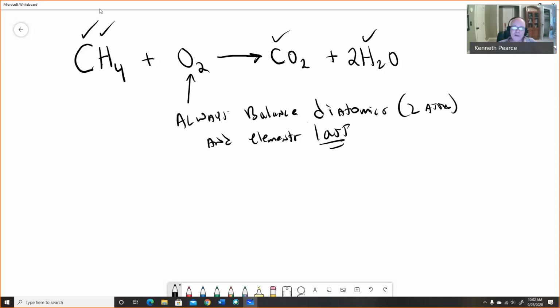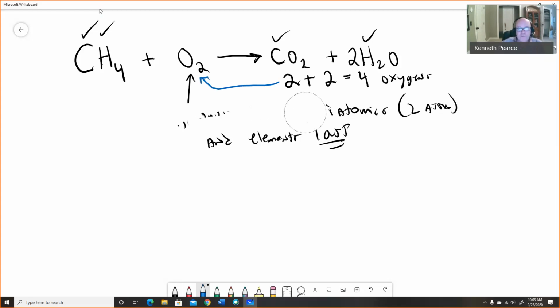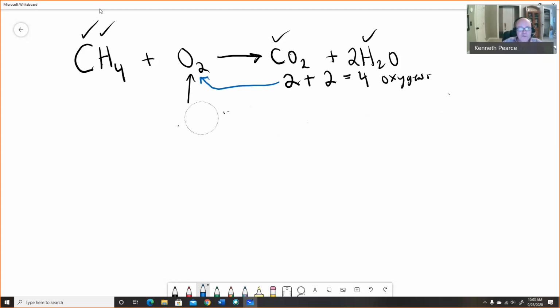So how many oxygens do we have on the right-hand side? Well, we have 2 with the CO2 plus 2 more with the H2O, and that gives me 4 oxygens. And so we look on the left-hand side and we say, what do I need to put in front of that oxygen to get 4 oxygens on the right-hand side?